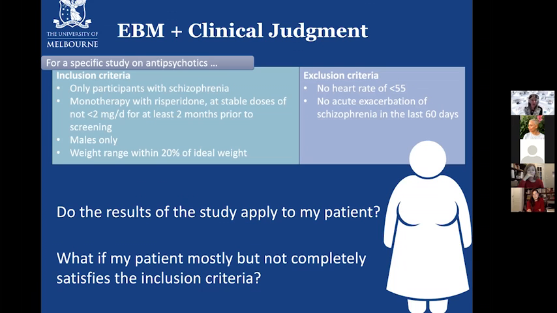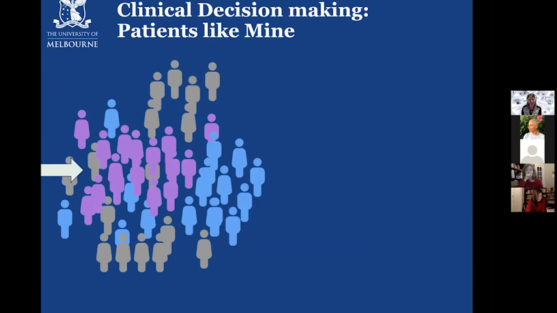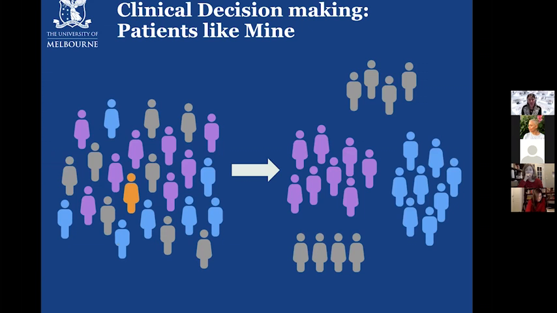There may be a better way, however, and maybe we can think about doing something that my friend Nigam Shah at Stanford likes to call patients like mine. The idea is that we can leverage electronic health record systems to find where my patient belongs. If my patient is Miss Orange over here, maybe she's most similar to the purple people.